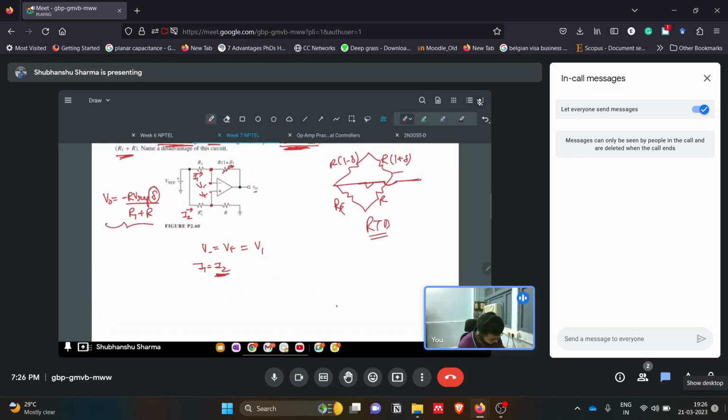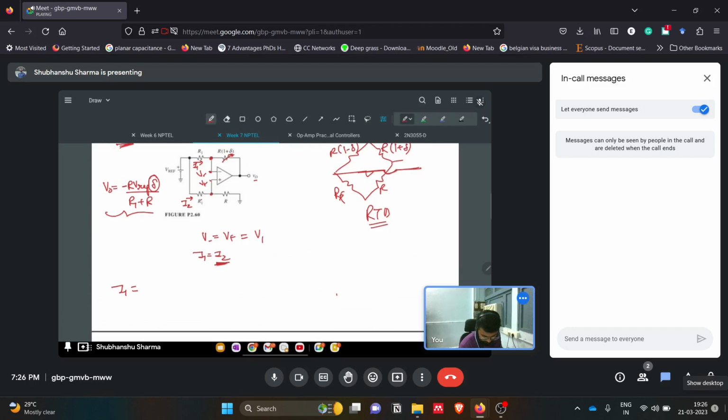The I1 current will be V naught minus V ref, divided by the sum of both resistors, R1 plus R1 plus delta, and it equals I2.